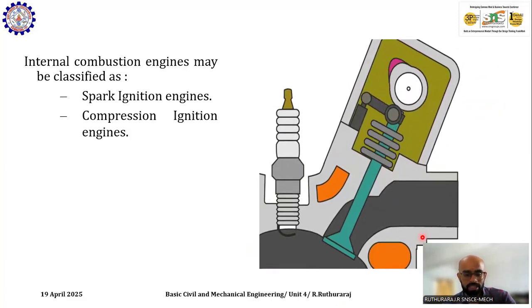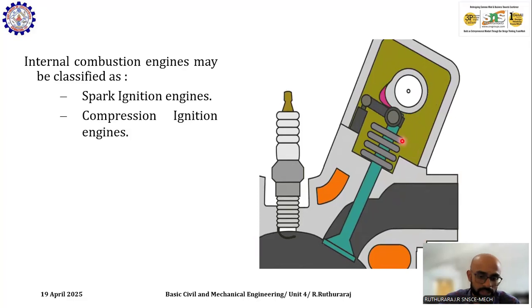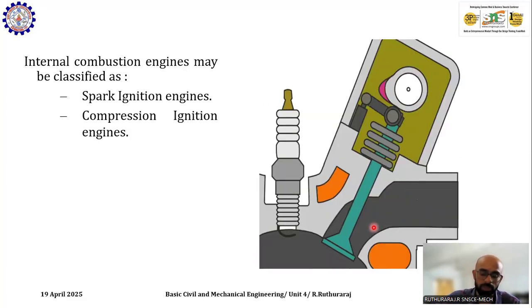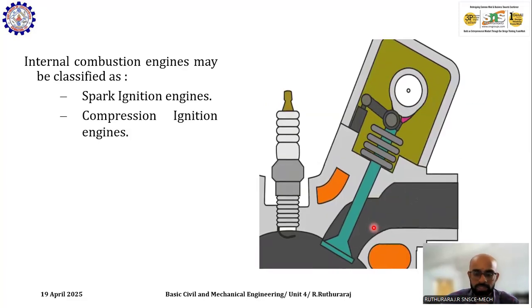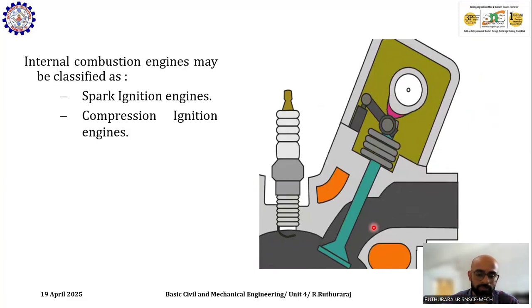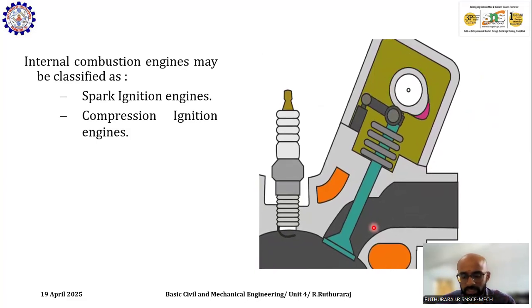This movement causes the crankshaft to rotate. You see the image closely, there will be a crankshaft. This crankshaft will rotate, and this rotation is again transferred to the transmission shaft. So from the transmission shaft, the engine will start to run. So this is regarding the spark ignition engine.